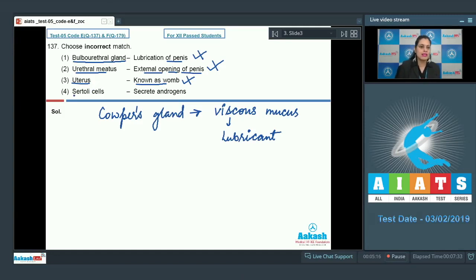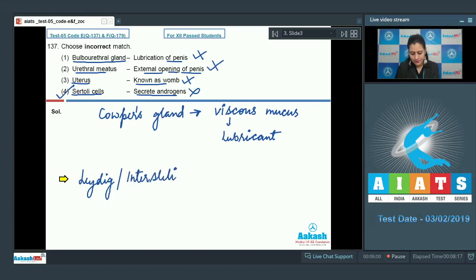And the last match given is Sertoli cells, and the match given is secrete androgens. As it is an incorrect match, this is the correct answer to our question, because it is Leydig or interstitial cells which synthesize and secrete testicular hormones called androgens.